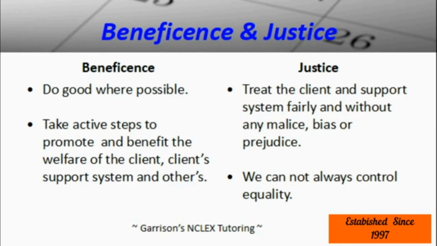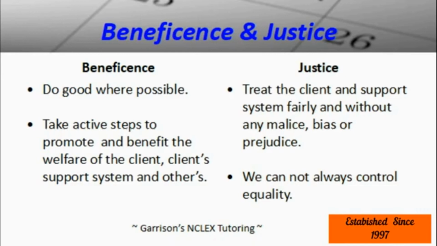This is an NCLEX alert. There was a question on the NCLEX, something about the nurse manager who looks at a research study, and she notes the staff's attitude towards the client. This affirms which ethical principle?